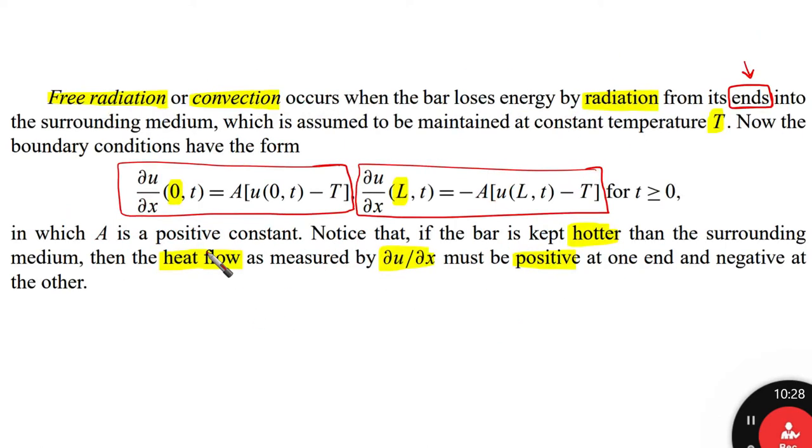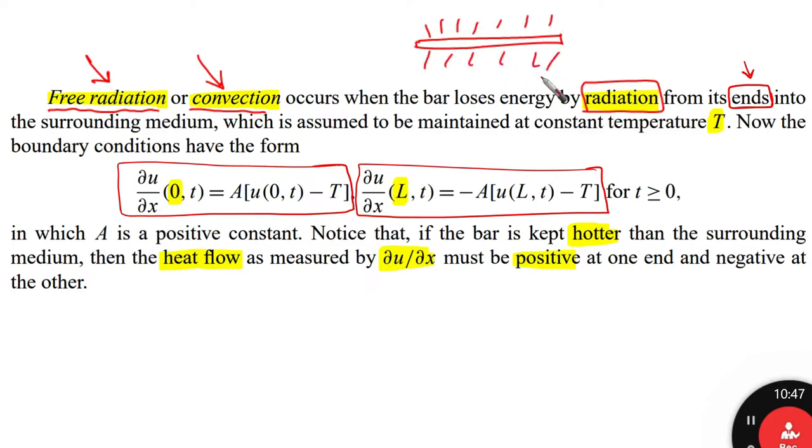Okay, so now this is one case of the boundary conditions. Another boundary condition we call free radiation or convection. It occurs when the bar loses energy by radiation. Radiation means that the bar radiates to the surrounding environment. I'm not talking about the whole bar, I'm talking about the ends.